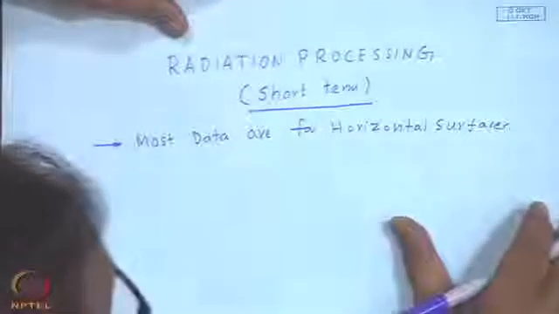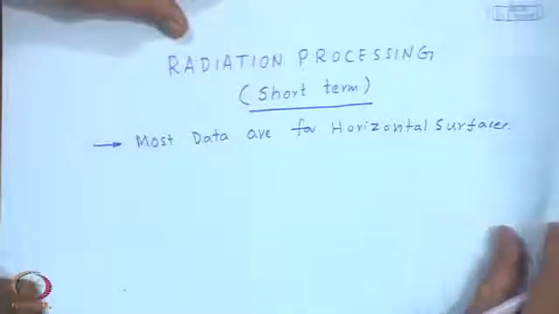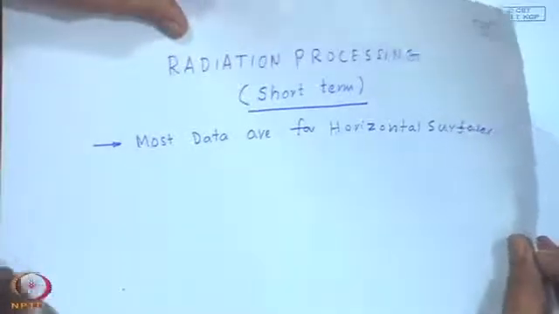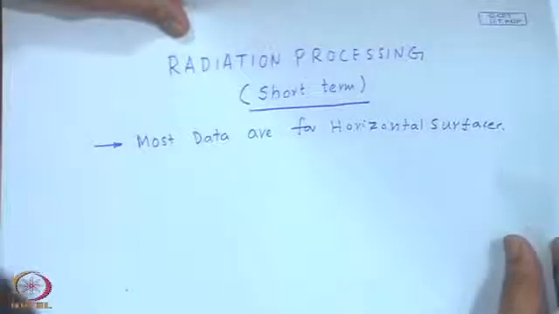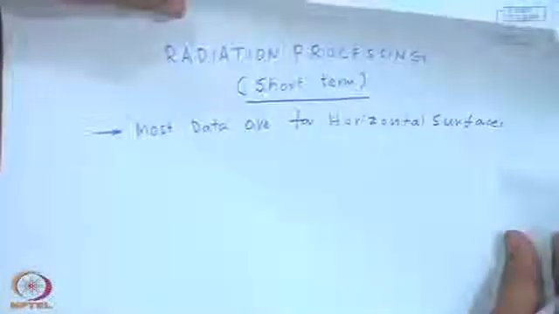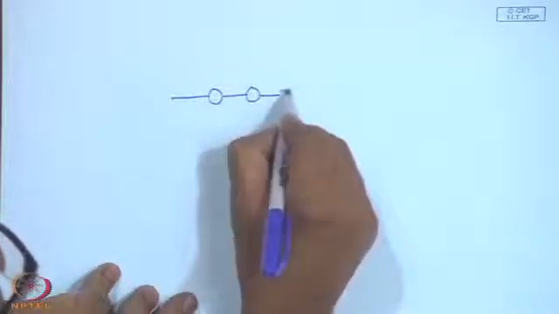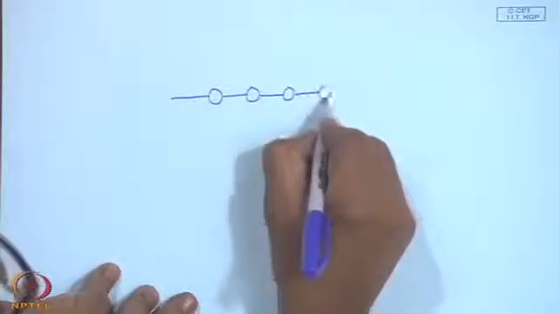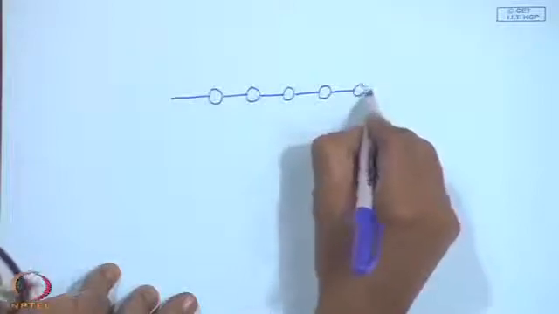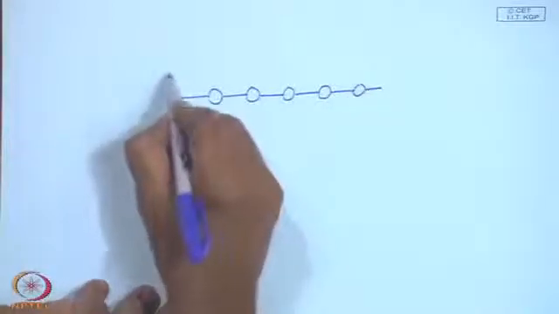Now, in order that you appreciate why we do this radiation processing, very briefly I shall explain about a simple solar collector, so that you will understand why we do this particular part. So, you may have a fin, a tube, a fin, another tube like this with certain spacing.